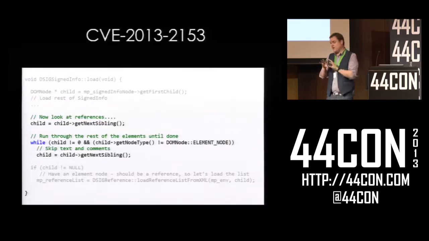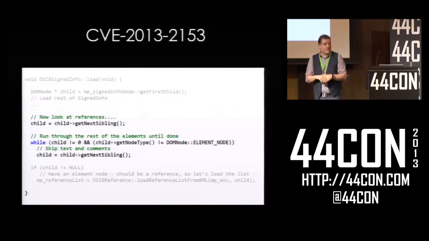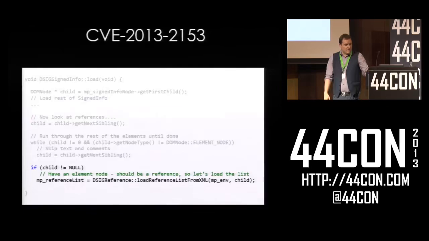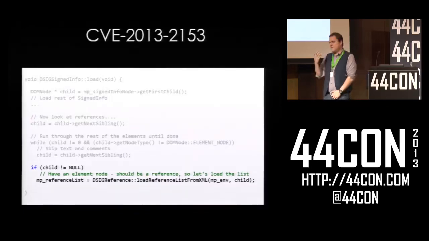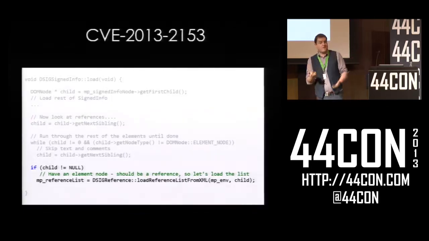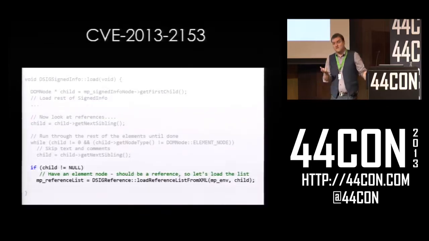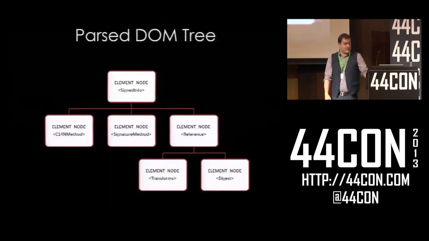Once it's loaded up the other structures, it goes to look at hunting for references. What it first does is skip anything it doesn't consider to be an element, because you can slap in a comment, for example, and you want to make sure you skip over the comments in the signed info block. If it then finds a valid element, it assumes it's probably a reference and proceeds to load it. But obviously, if it doesn't do that, the list is empty and you could get a signature bypass. Now, how on earth would we actually affect that?